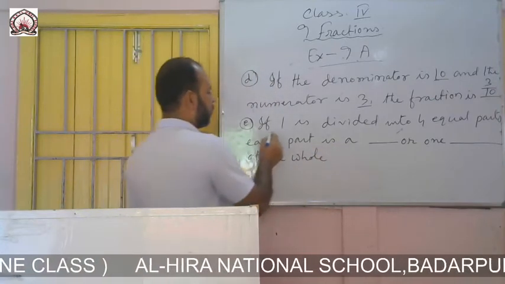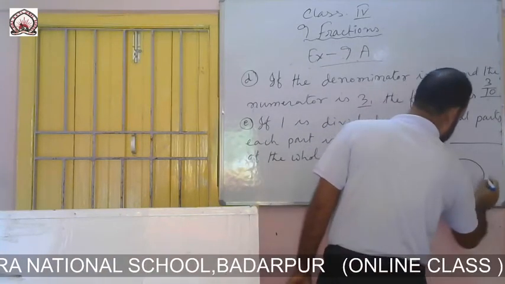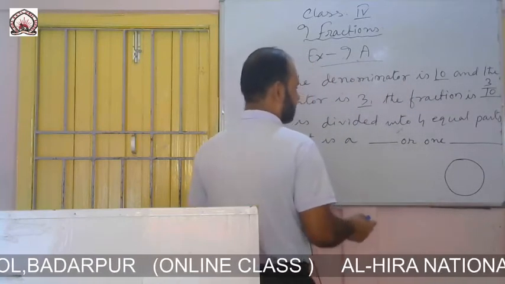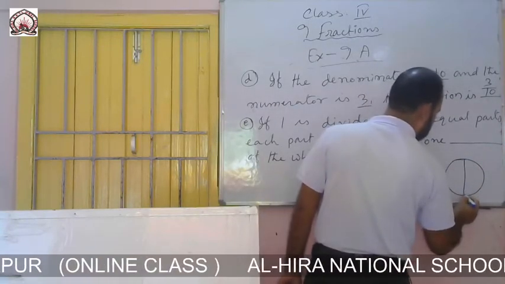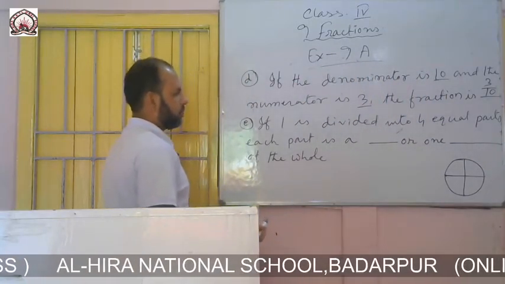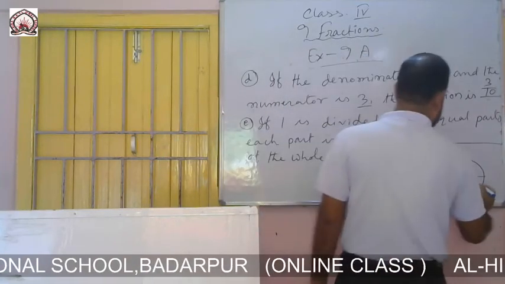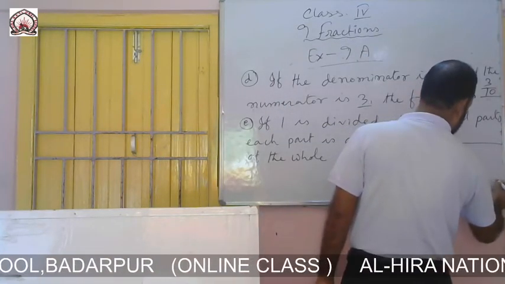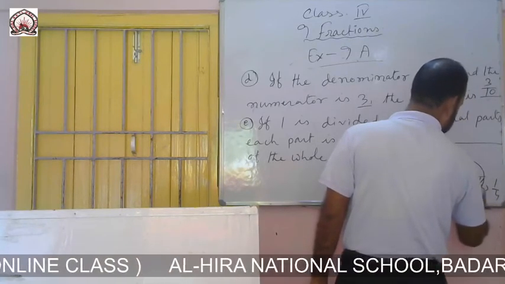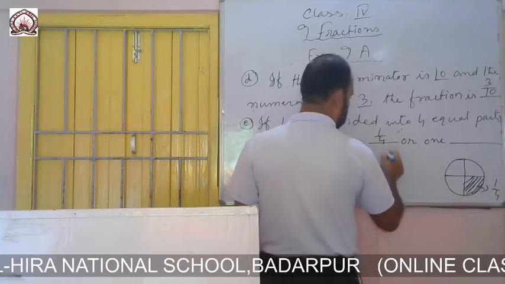Suppose it is a circle. If we divide this circle into 4 equal parts, each part is 1 by 4.